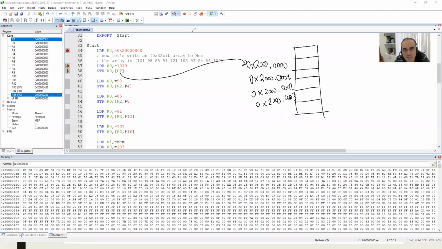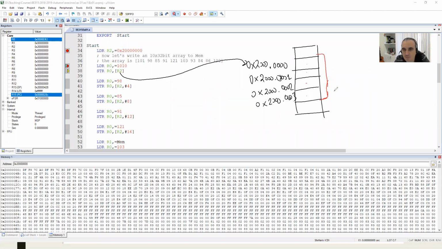I'm going to be writing 4 bytes because this is a 32-bit location, right? So starting with this address, I'm going to count 4 cells, including that address. So this one is the first one. 1, 2, 3, 4. So I'm going to be writing my total value in these addresses, guys.